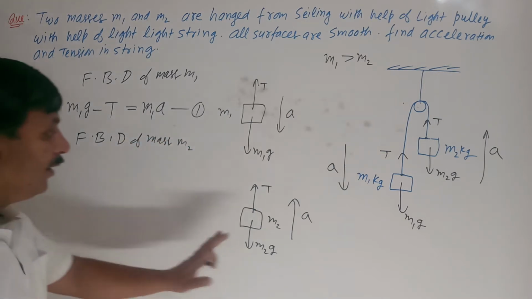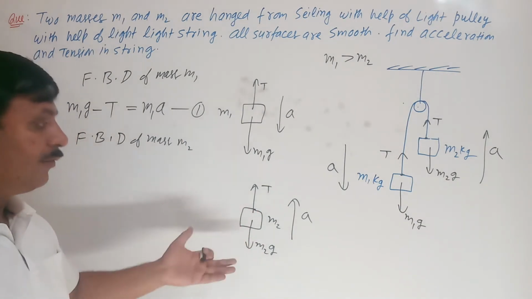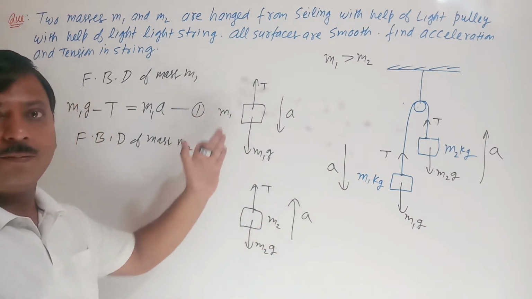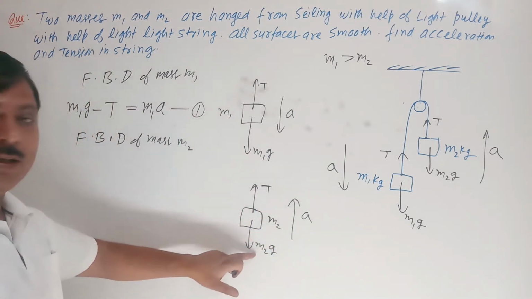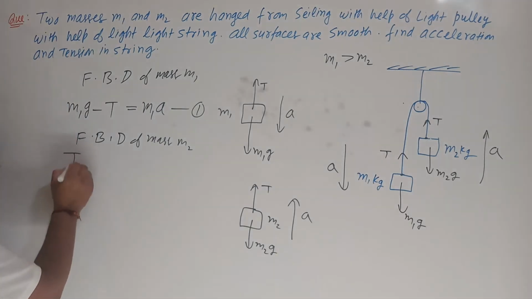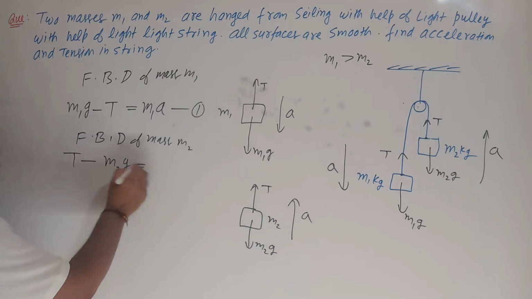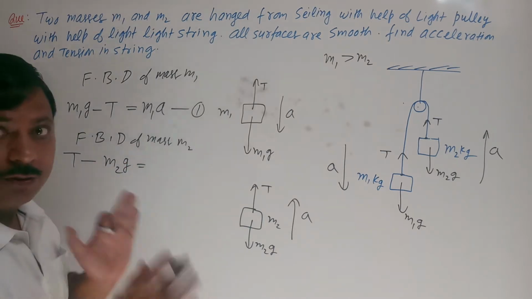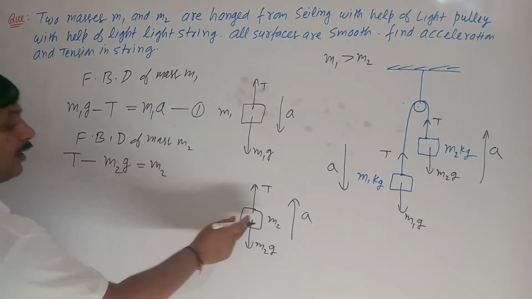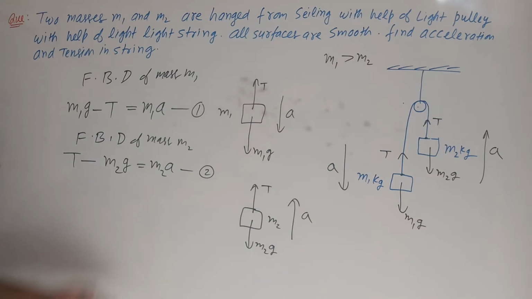Tension is upward and weight is downward. Since acceleration is upward, the net force acts upward, so T is greater than M2g. The net unbalanced force is T minus M2g. By mass into acceleration, where the mass is M2, T minus M2g is equal to M2 into a. This is the second equation.